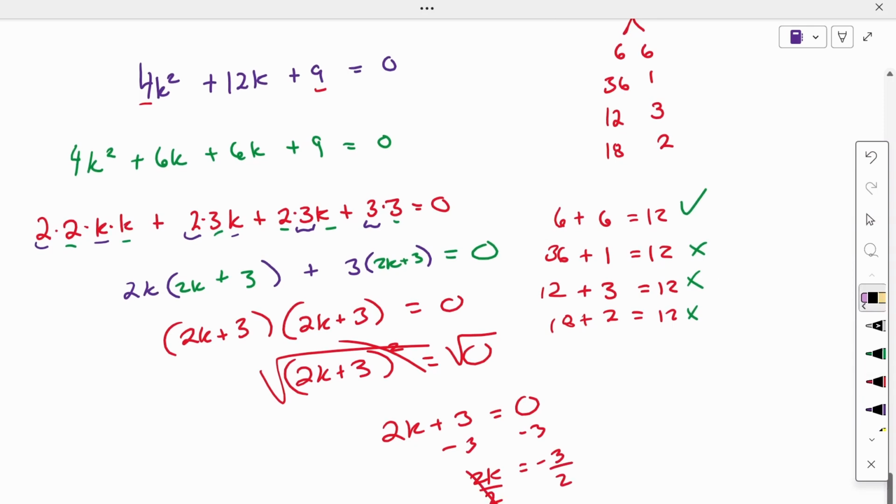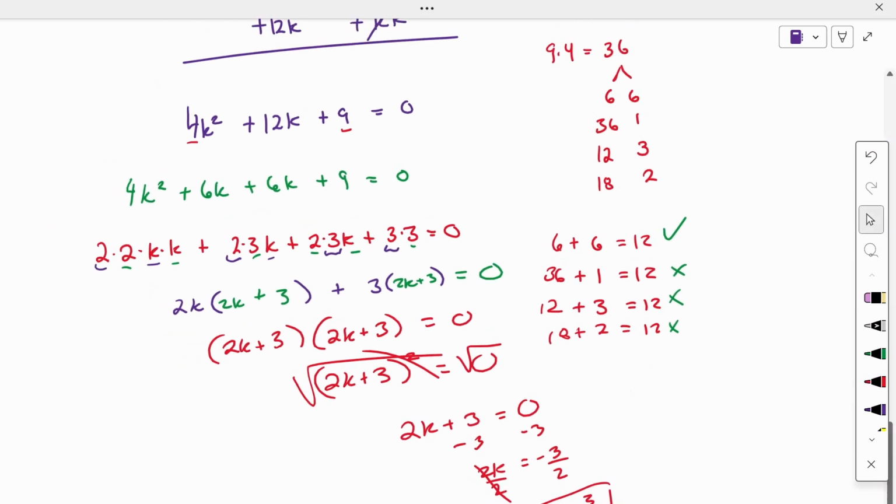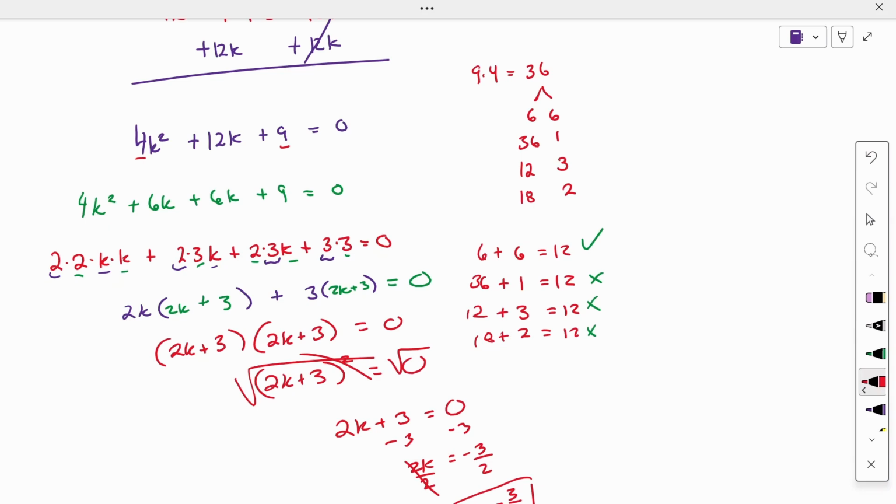Our solution is thus k is equal to negative 3 over 2. And that's what you would get if you took any of these individual factors: 2k plus 3 equals 0, then 2k is equal to negative 3, and k is equal to negative 3 halves.